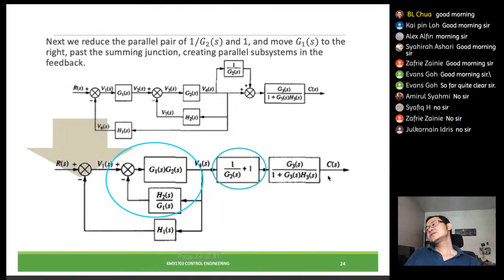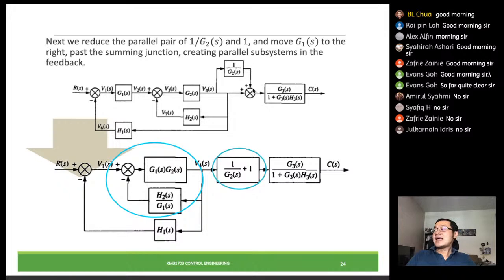Okay, so once we have this familiar form, now again we just check this part. So what happened is that this signal going in, this signal going in, so this V4 is a kind of signal, right? This V4, going through this branch and going through this, they are actually V4 and V4 multiplied by 1 over G, right?